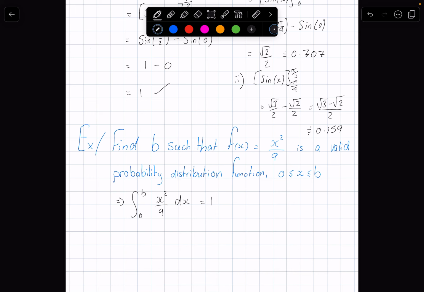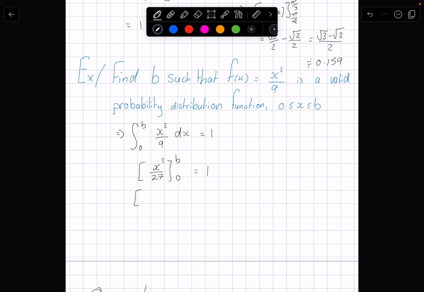So if I integrate x squared over 9, I raise the power by 1, divide by the new power, which just means I'm multiplying 9 by 3 to get 27, and I'm going to solve that from b to 0 equals 1. Now, fundamental theorem of calculus, we put the b in, b cubed over 27, minus 0 equals 1.